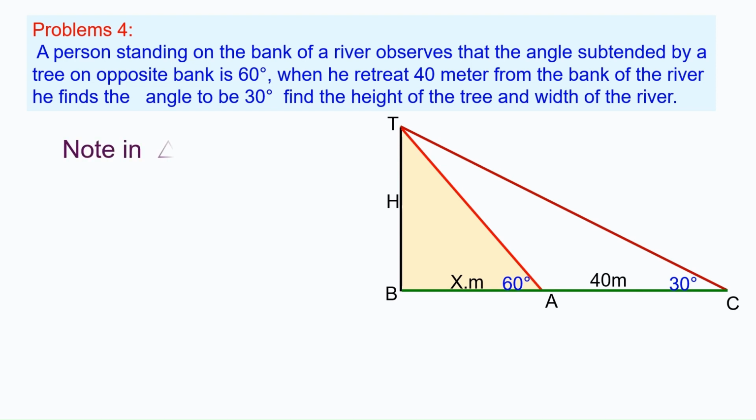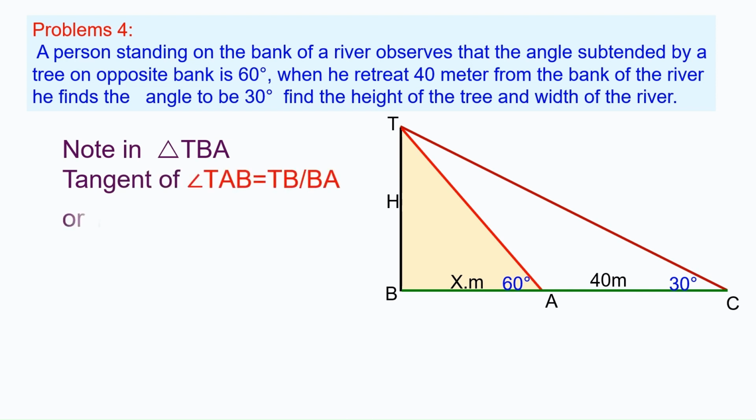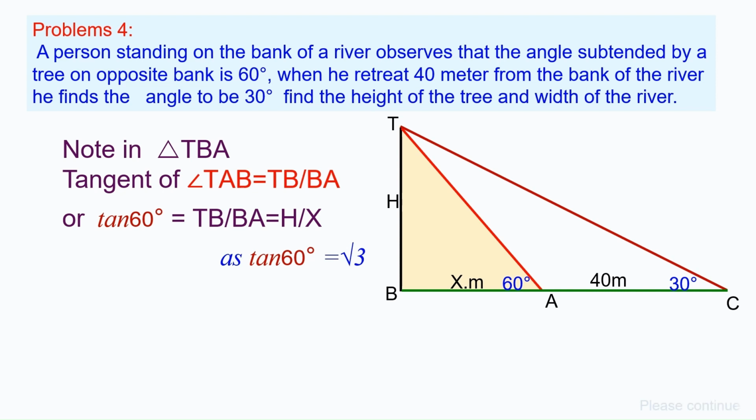In the triangle TBA, tangent of the angle TAB equals TB divided by BA, or tangent of 60 degrees equals h divided by x. As tangent of 60 degrees equals root 3, root 3 equals h divided by x. So x equals h divided by root 3.